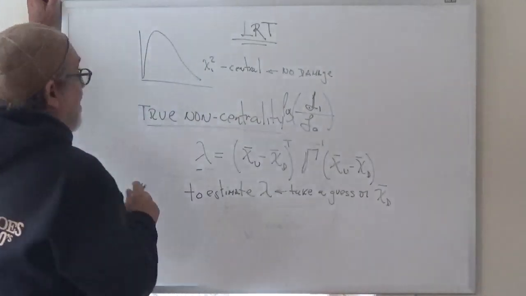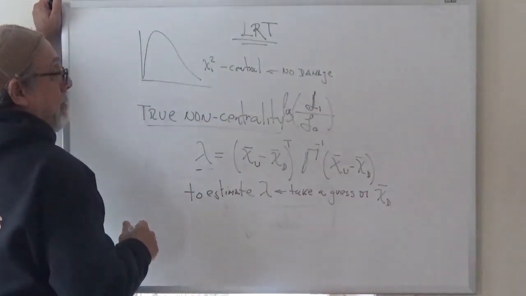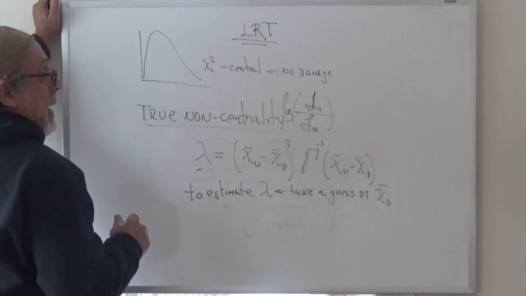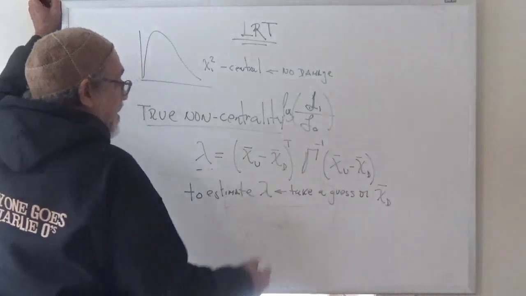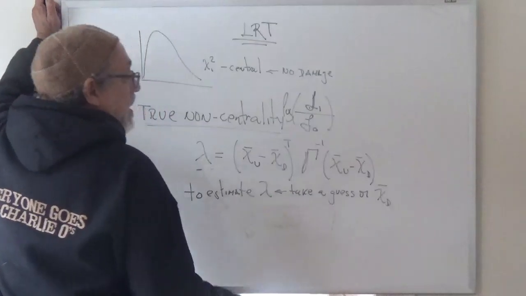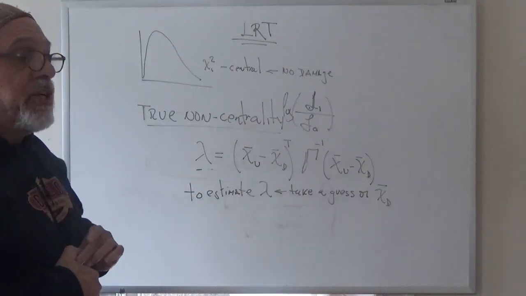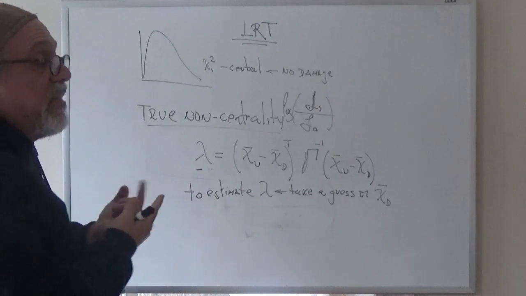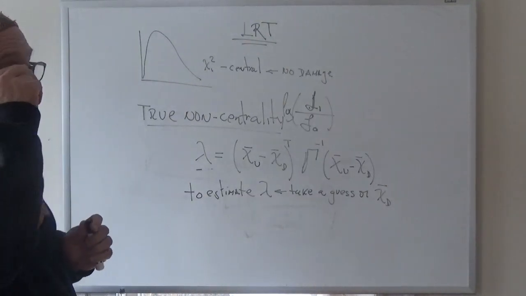So if the damage reduces the frequencies, and we assume, let's say that the true non-centrality parameter was 3, and we assume 1. That doesn't mean that we're going to get the wrong answer, because the non-centrality 1 is still better than 0 once the structure gets damaged, okay?